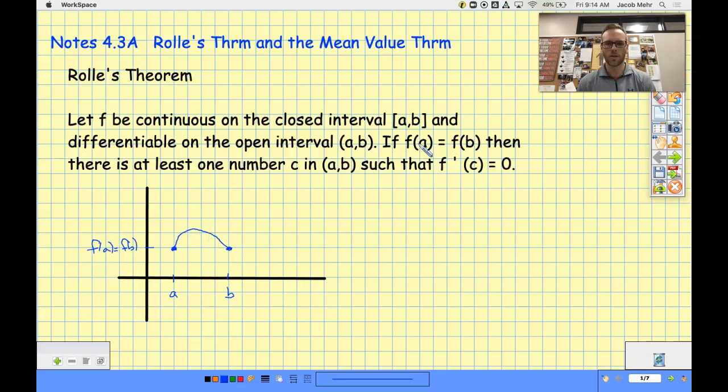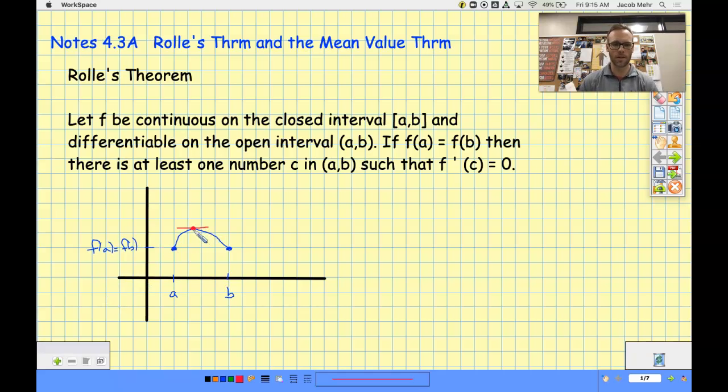All right, so if f of a equals f of b, there is at least one number c in the open interval (a, b). There is a c between a and b such that f prime of c equals 0. Well, what does it look like for f prime of c to equal 0? The derivative equals 0. The slope at the point is 0. And when we look at my function here, right there is a point where f prime is equal to 0.